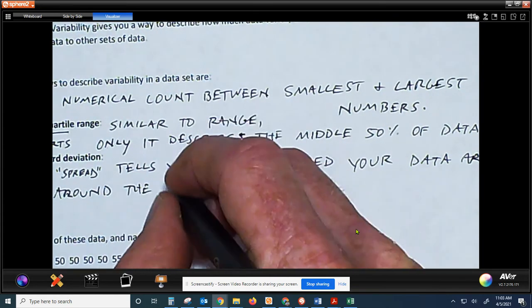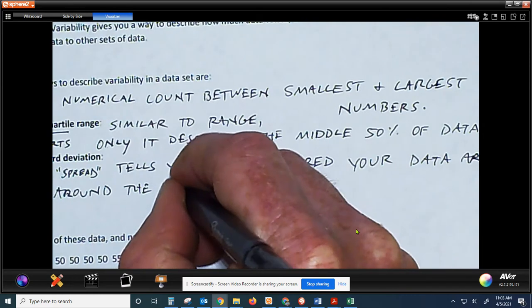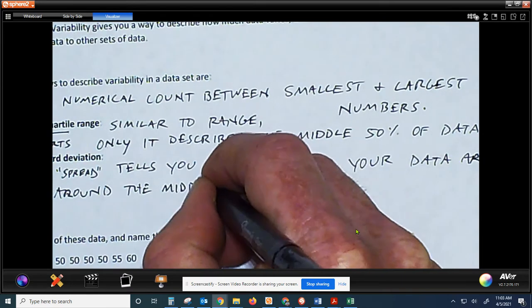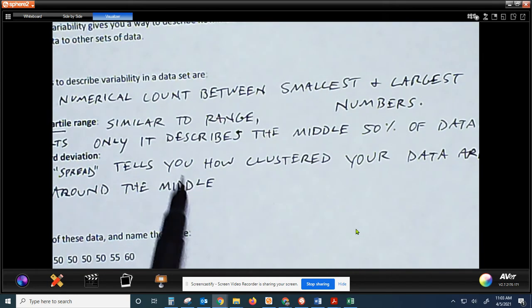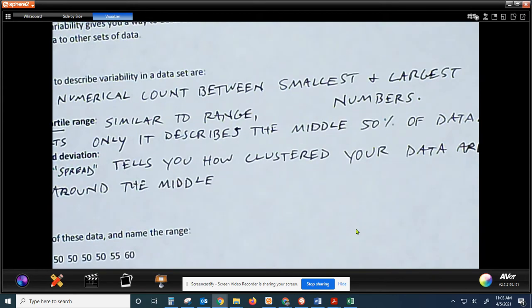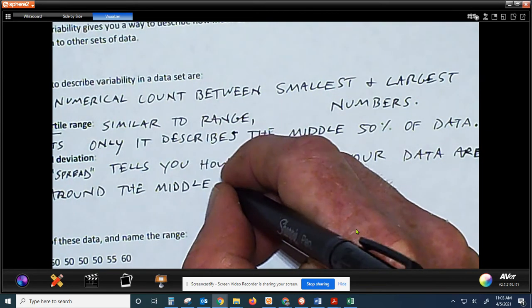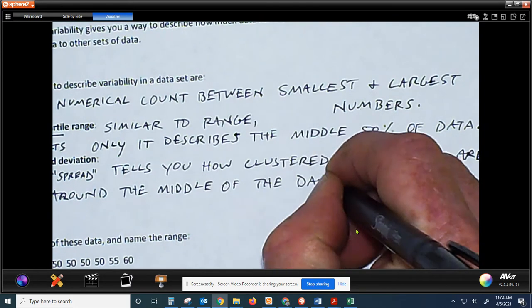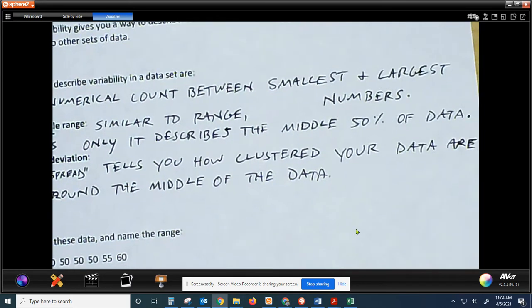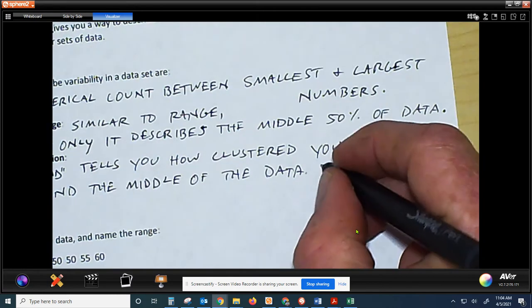So it's a mathematical number. And once you get used to using the standard deviation, it'll tell you how much variation there is. It describes the clustering around the middle values. Okay.